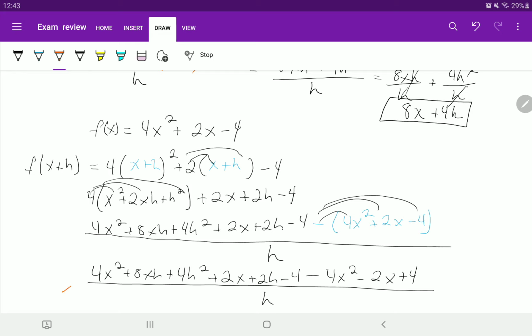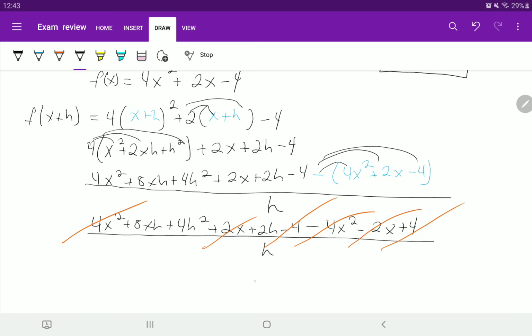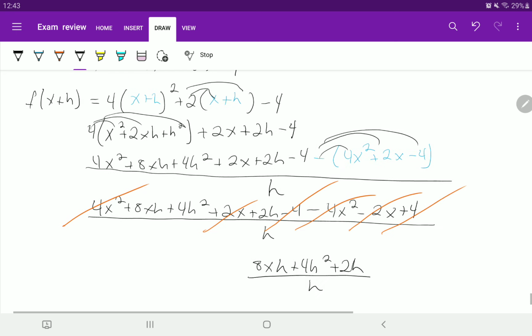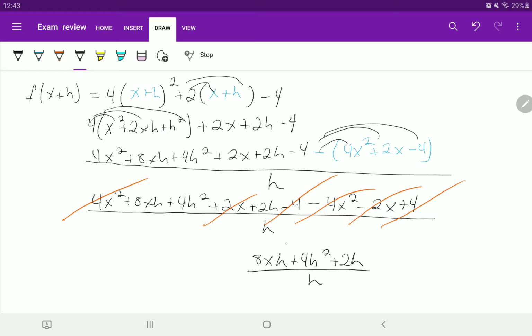And when I simplify, the 4x squares cancel out, the 2x's cancel, the 4's cancel. So we're left with 8xh plus 4h squared plus 2h divided by h. I'm going to divide each term in my numerator by the h in my denominator. 8xh divided by h is 8x. 4h squared divided by h is positive 4h. 2h divided by h is 2.